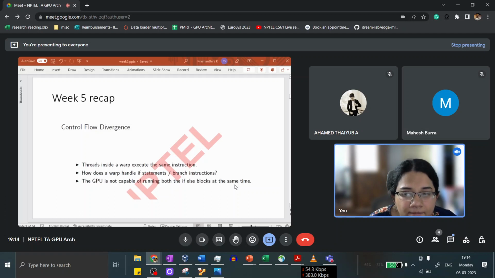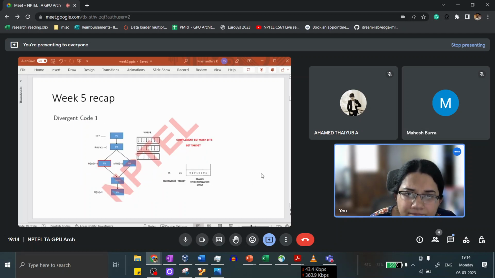So a certain number of threads will pause. For instance, those threads which fulfill the if condition will execute the block, while the others are halted, and then the other set of threads will execute. This is how control flow divergence is handled.